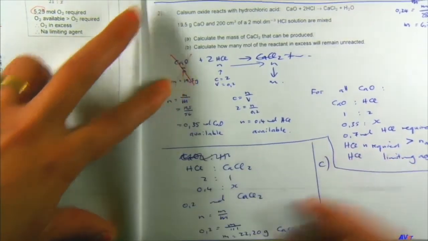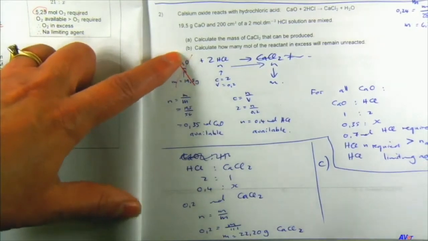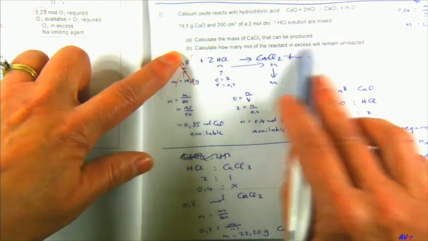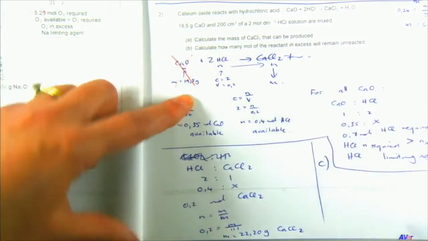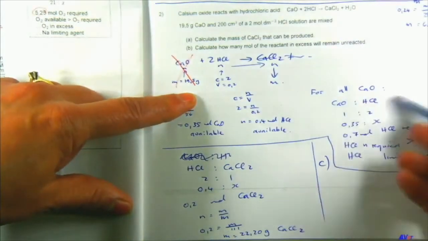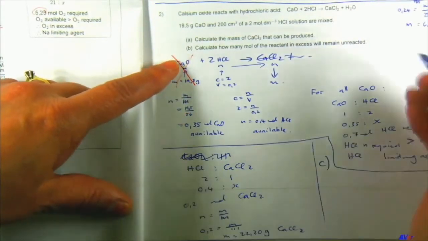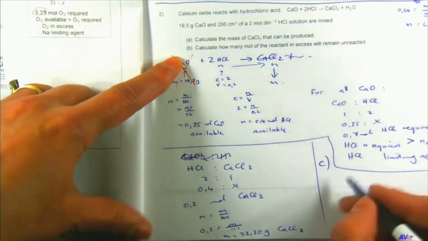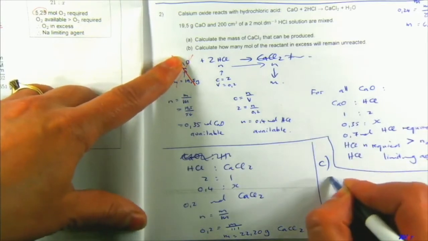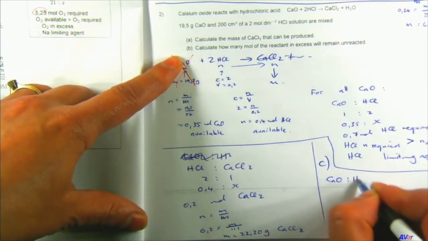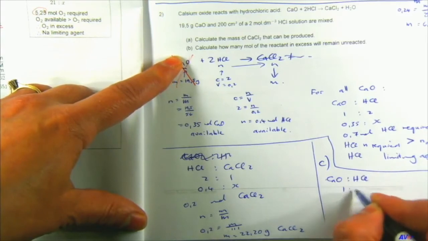Part C, where they ask you to calculate how many moles of the reactant in excess will remain. Now, sometimes you can use your previous answer. Once again, I can't. I have to do it the other way around. So for all the HCl, they're in the ratio 1 to 2.